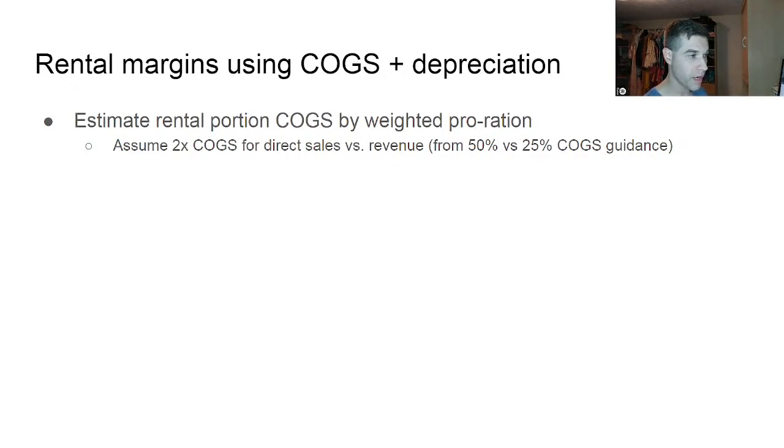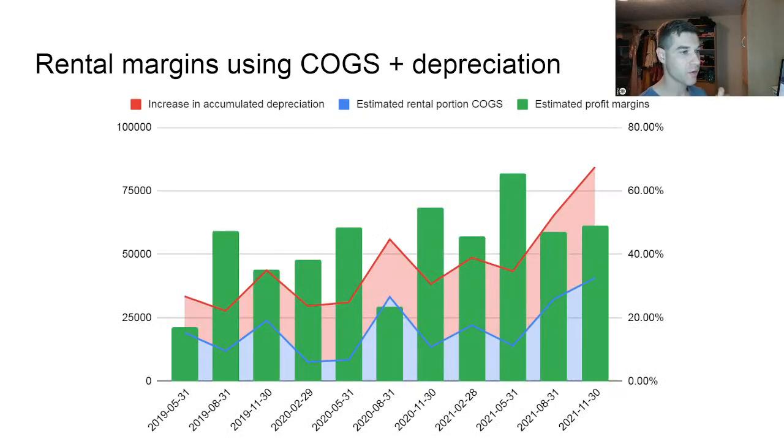If I prorate the cost of goods sold each quarter using that logic, and then add that to the depreciation that they do explicitly call out for the revenue earning devices, I get a graph that looks like this. The way you should read this is the lines correspond to the left axis, the bars correspond to the right axis.